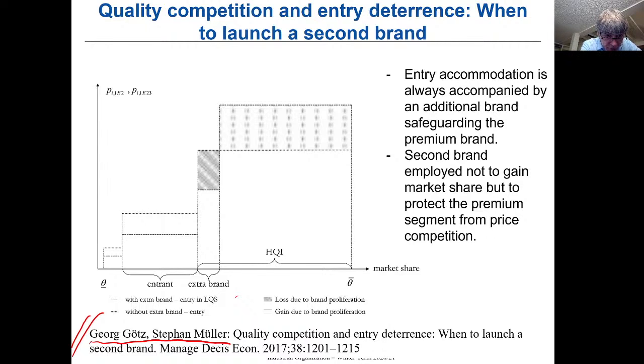If you have only a single brand, this is exactly what your revenue will be, and this is what your rival's revenue will be.